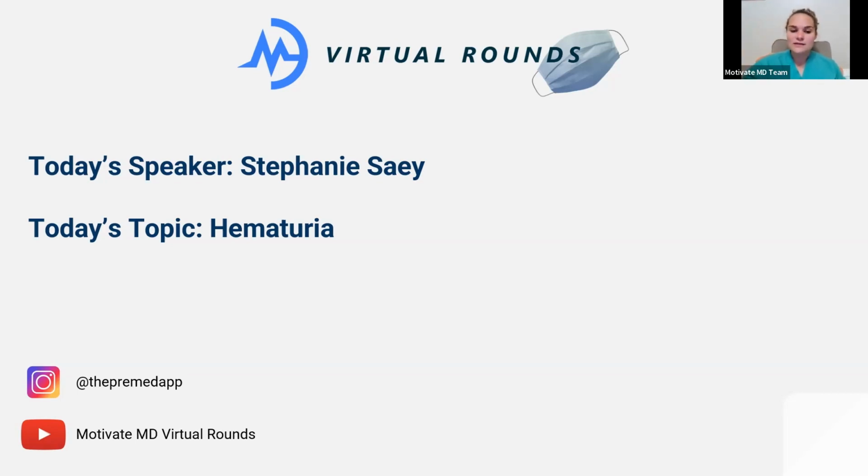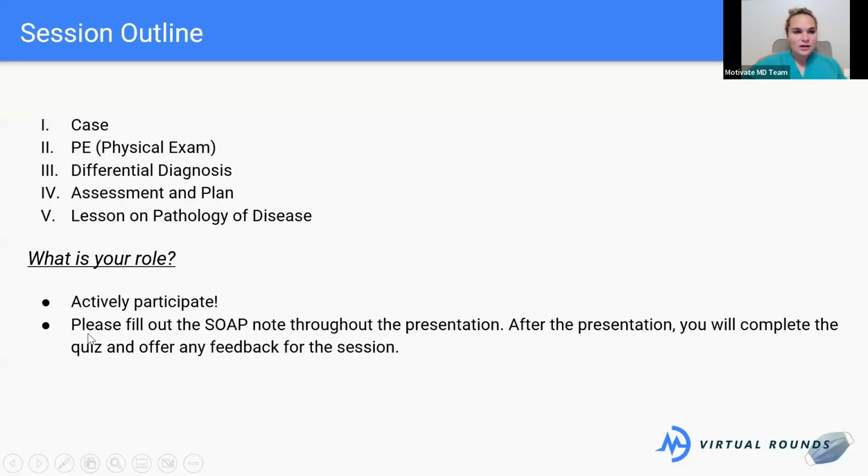So a lot of patients that you have in the future, you might see come in with this complaint. So I wanted to develop a framework for how you work up somebody that comes in with concern for blood in their urine. So let's get started.